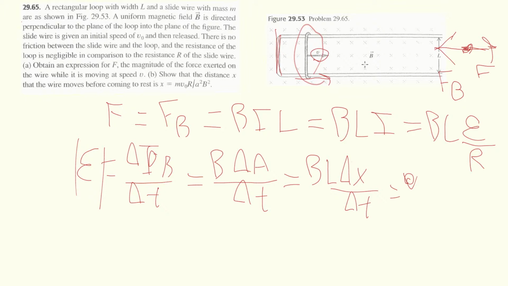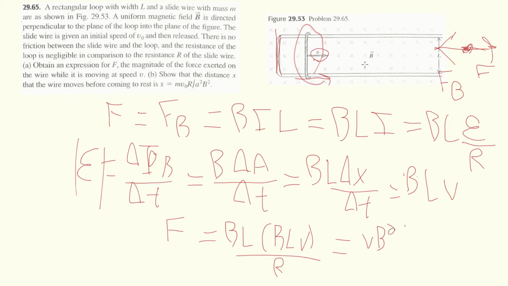So the induced voltage is B times the length times the V. That means the force is going to be B times L times BLV all over R. Gathering all those terms together, we get V B squared L squared over R. That's the amount of force we have to drag it forward at that constant speed V, whatever speed it is.